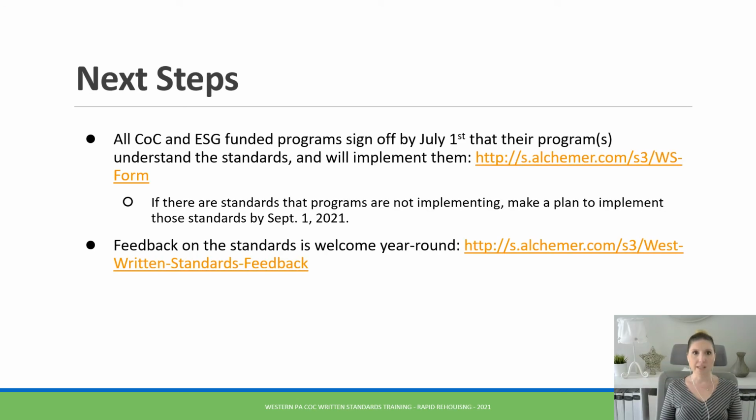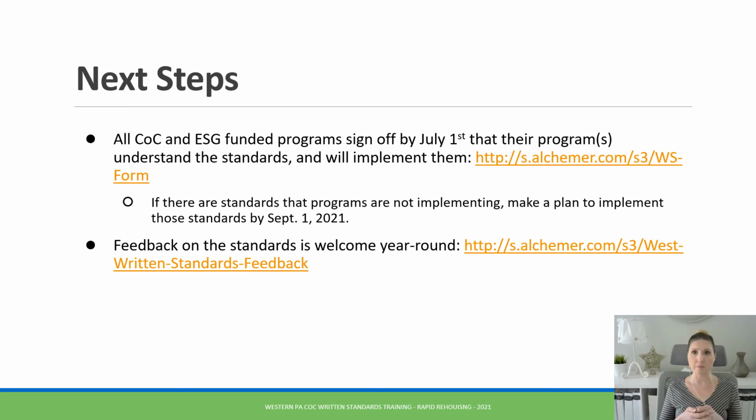So in terms of next steps, because we recognize that all programs may not be completely aligned with the written standards as they are currently written, and that you might need some time to make some adjustments, we're asking that all CoC and ESG funded programs sign off by July 1st, 2021, that their programs understand the standards and that you will implement them.